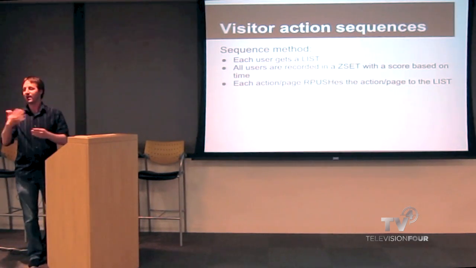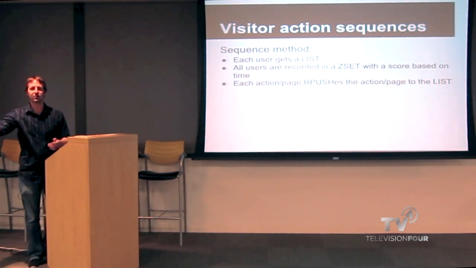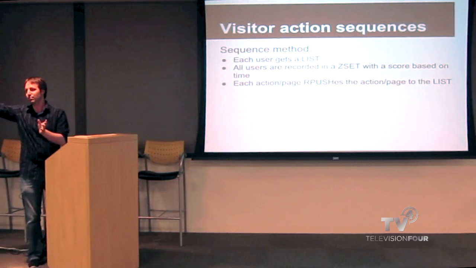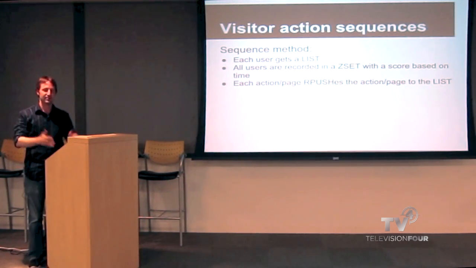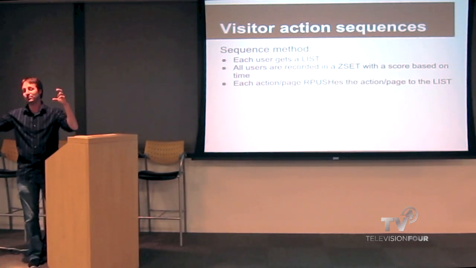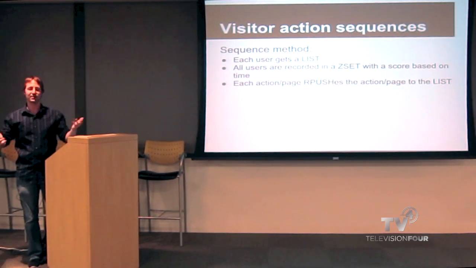And then every time somebody visits, you push the action on the end of the list, that is, push the item to the right, and over time you will have the actual action sequence right there, and that's a convenient structure.